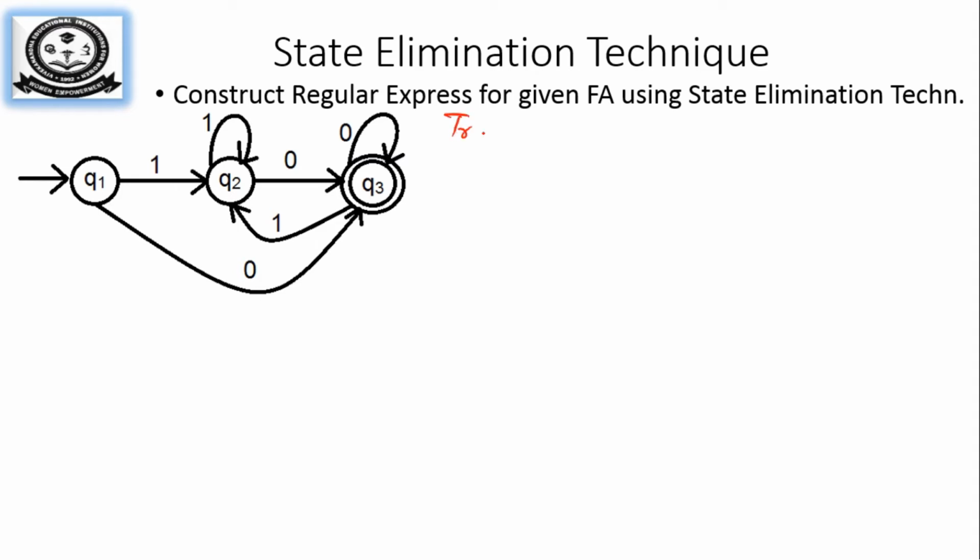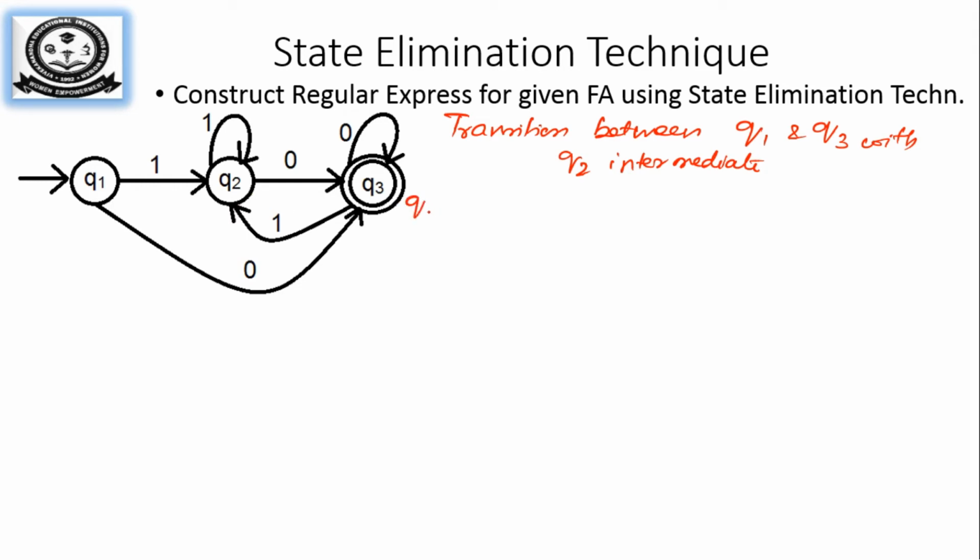You are going to find the transition between Q1 and Q3 with Q2 as intermediate. So after the removal of Q2, you will have only Q1 and Q3.